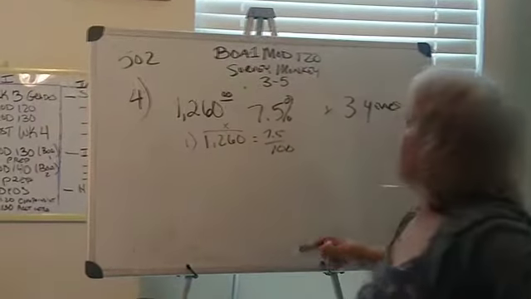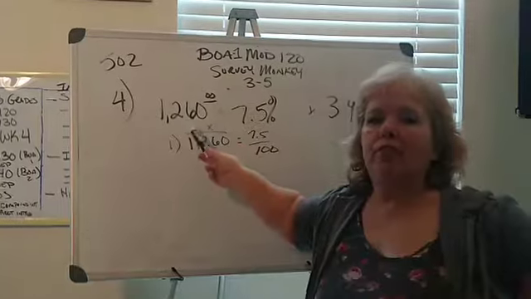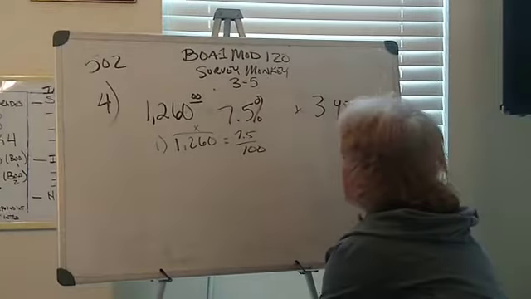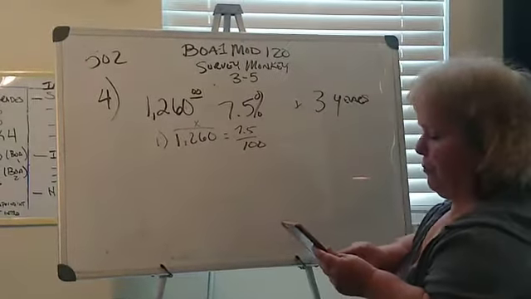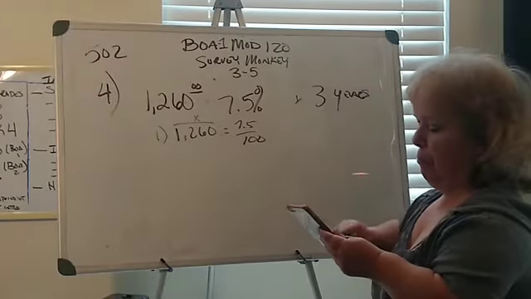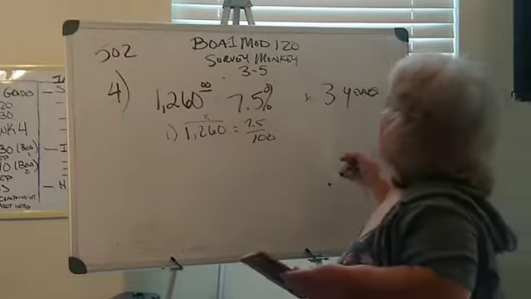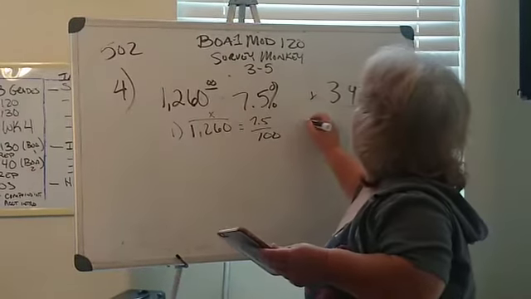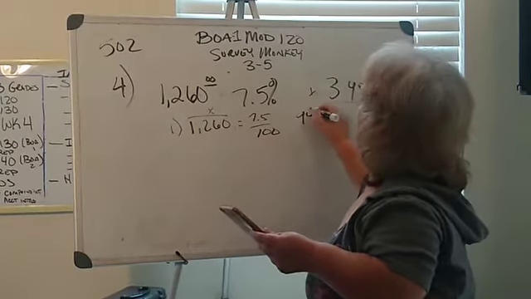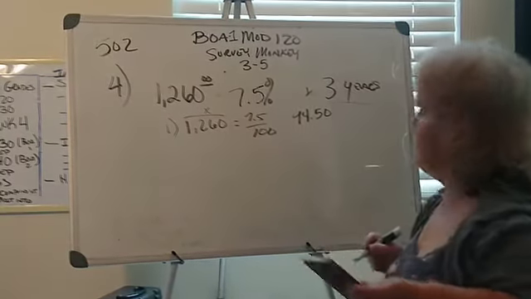We have to figure out what is 7.5% of 1,260. So we're going to do that. Times 7.5 equals, divide by 100. So the interest is going to be $94.50. Okay?